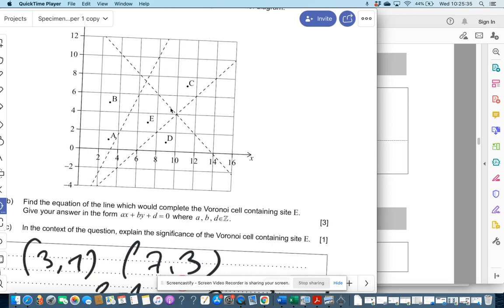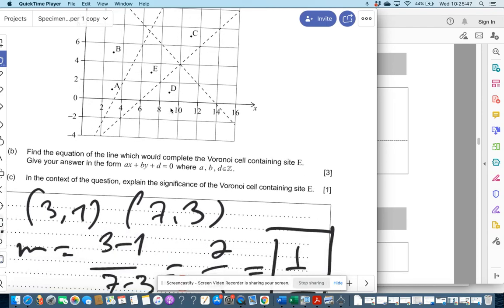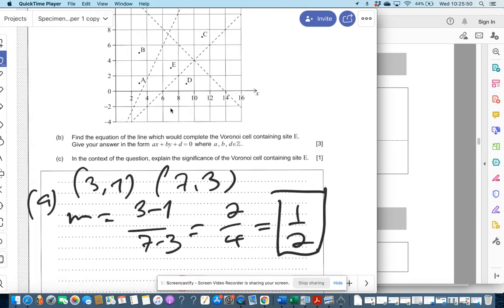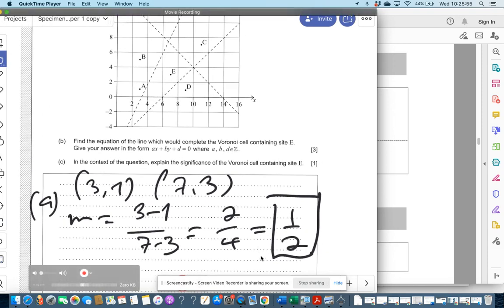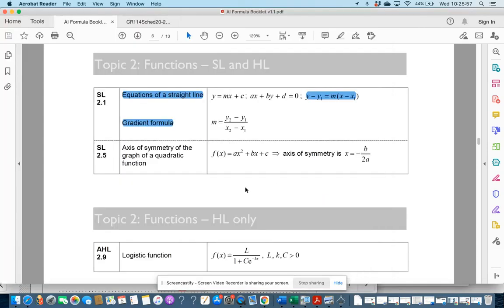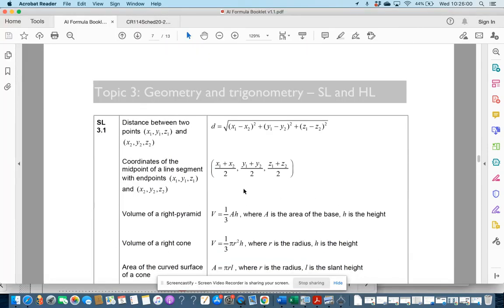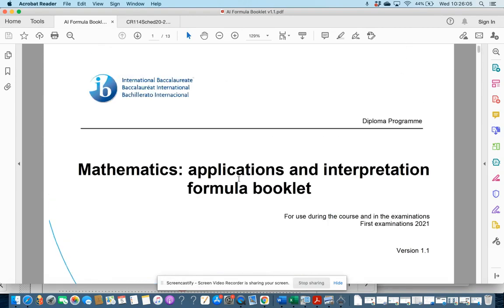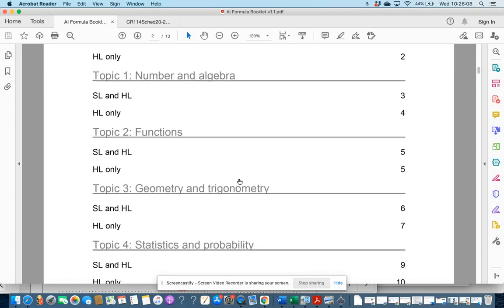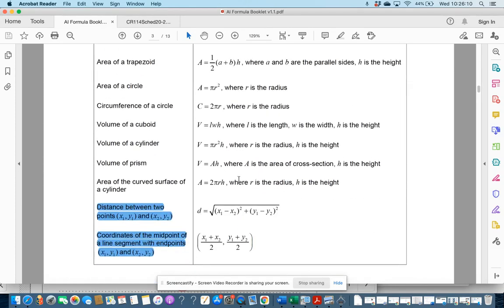And we're going to give our answer in the required form, ax plus by equals d, etc. And d is, they're all integers. Okay, that's what that says. All right, so we need to find the midpoint. Again, the midpoint formula is in our formula booklet. We have some more complicated ones here for 3 dimensions. But you know, in the beginning, prior knowledge, they have the midpoint formula here.